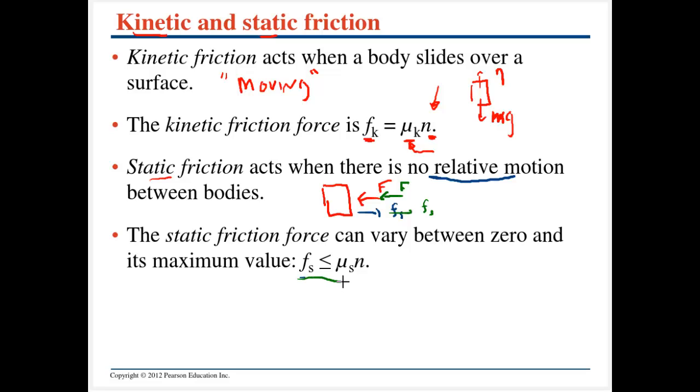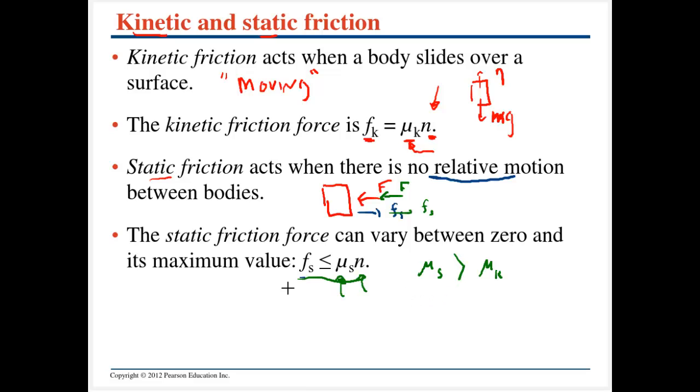So that's why we write the static friction to be less than or equal to some coefficient of static friction multiplied by the normal force. The coefficient of static friction is not the same as the coefficient of kinetic friction. It is actually larger.